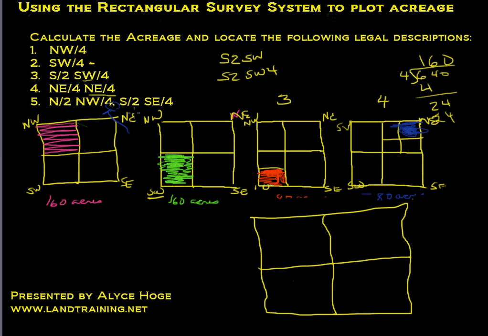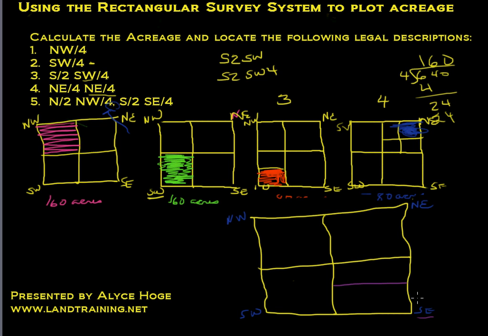So let's start from the back. Again, let's start with the south half of the southeast. We're going to put our quarter calls on there. So this is the northeast. This is the southeast. This is the northwest. This is the southwest. Okay, so the first one we're going to do is going to be the south half of the southeast. So we start with the southeast, we read it backwards, southeast, and then it's going to be the south half of that.